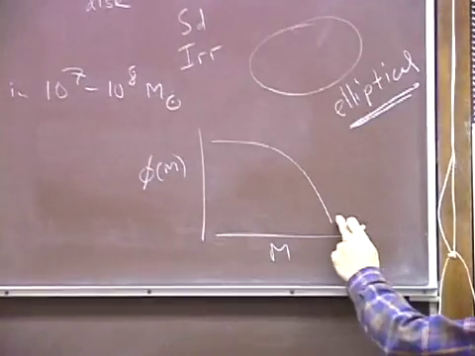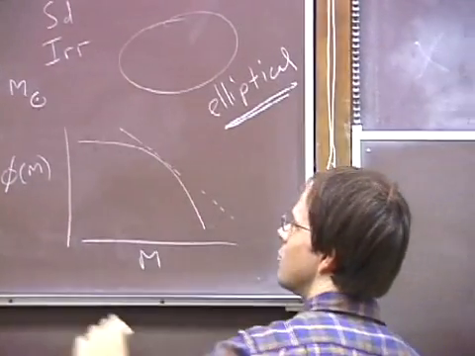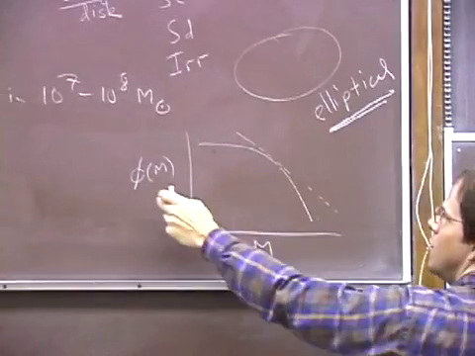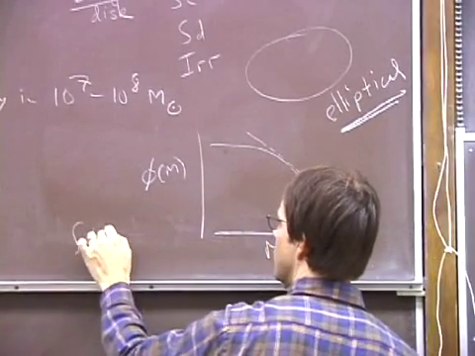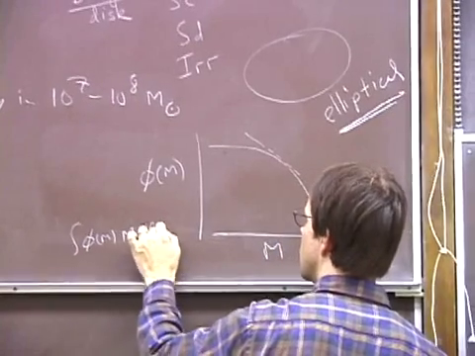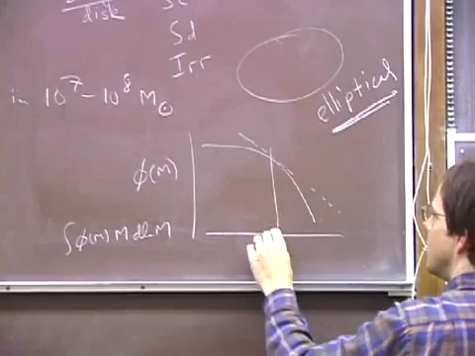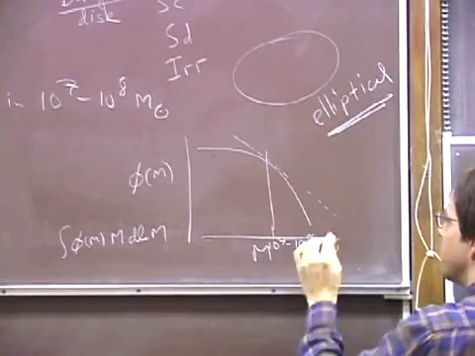It's very steep at the high mass end, relatively flat at the low mass end, with slope -1, where you get most of the contribution to the integral of phi of m d log m, around 10^7 to 10^8 solar masses.